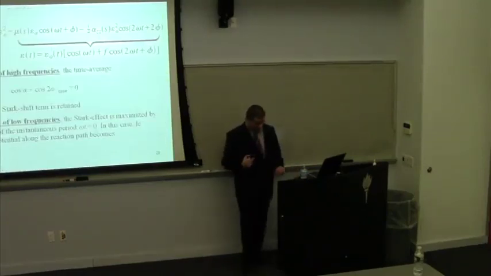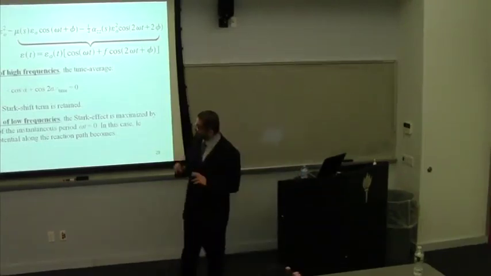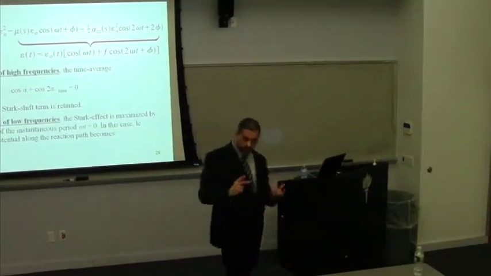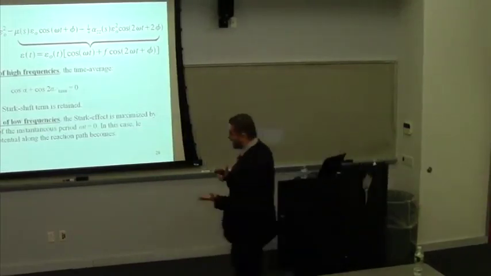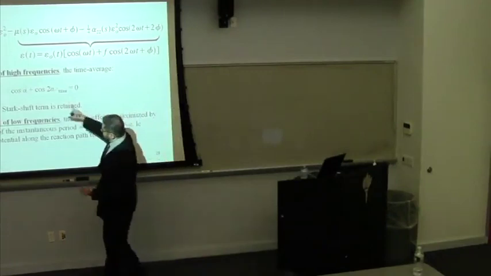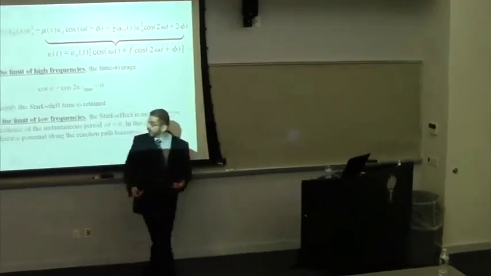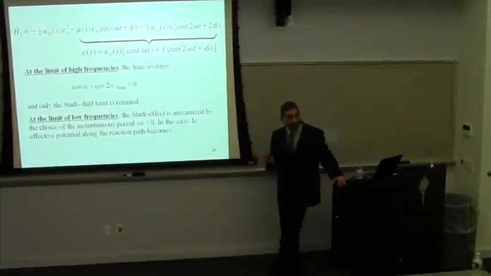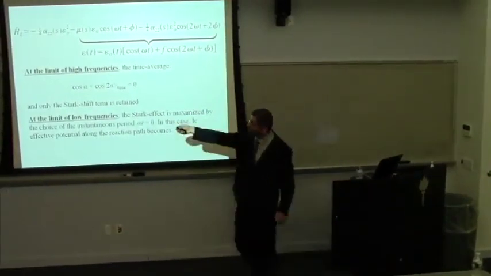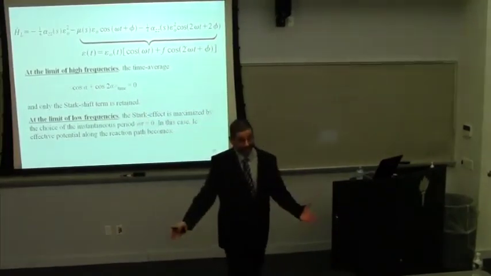So if you go to very high frequencies, not enough to excite to the excited state, but still high, then the cosine terms average to 0, of course, and you're only left with the Stark shift term, which is always stabilizing because it comes with a negative, and that thing can only be positive, so it's always stabilizing.